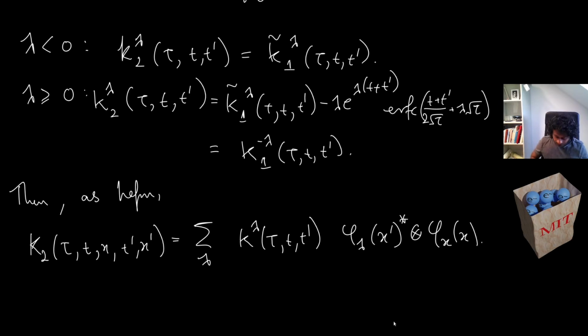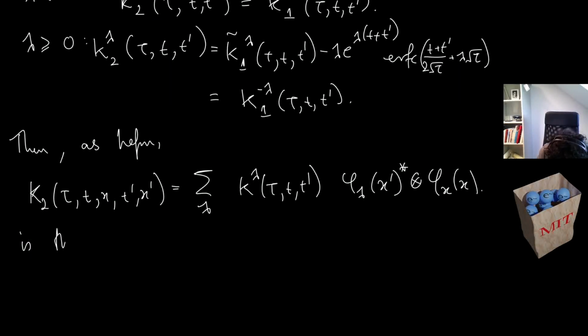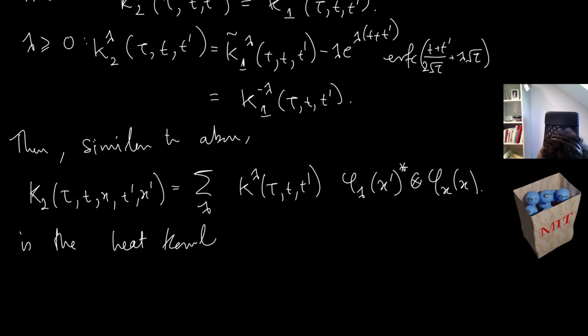Good. So this is, well, I shouldn't say as before, similar to before. It is the heat kernel, I should say. It is a Schwarz kernel, but e to the minus tau plus 2. All right.